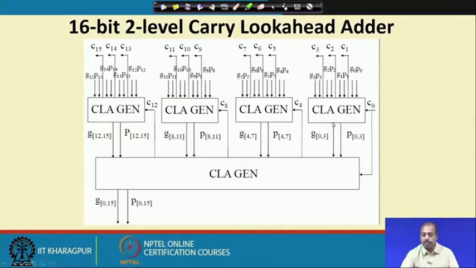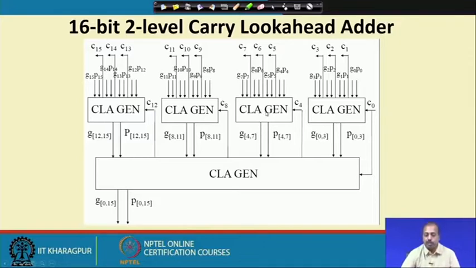This generate signal will be fed to this CLA generator circuit. This block is actually similar to this block. Whatever be the number of inputs here, a similar number of inputs are there in this CLA generator block also, and we are just using some sort of hierarchical structure.